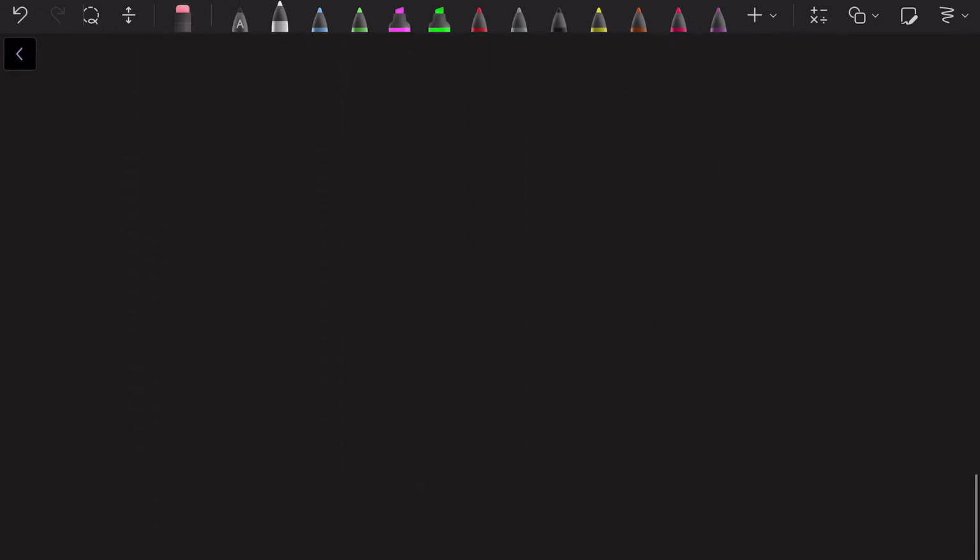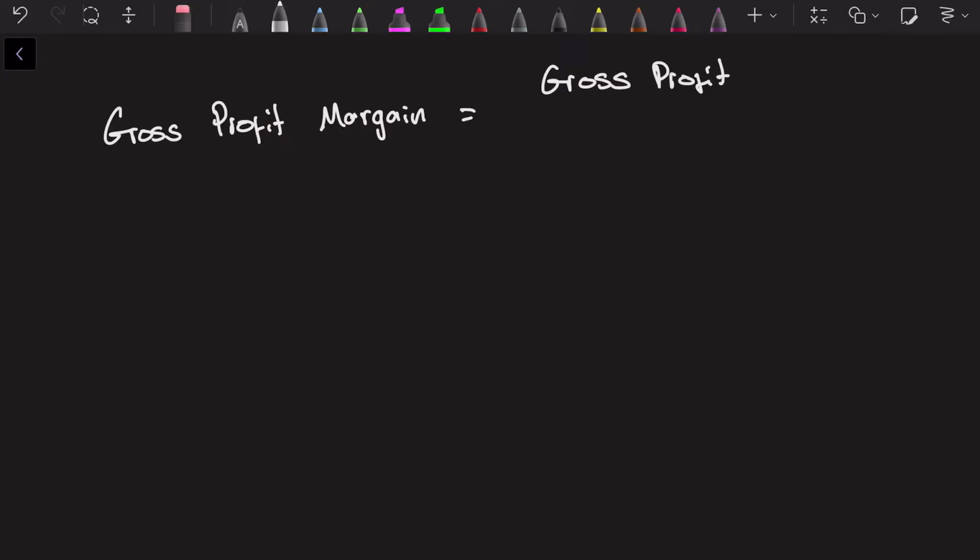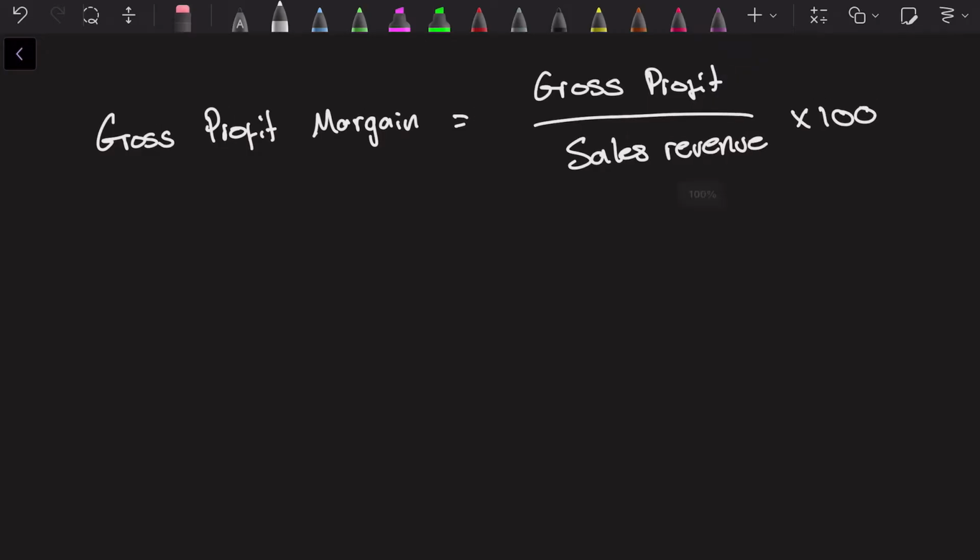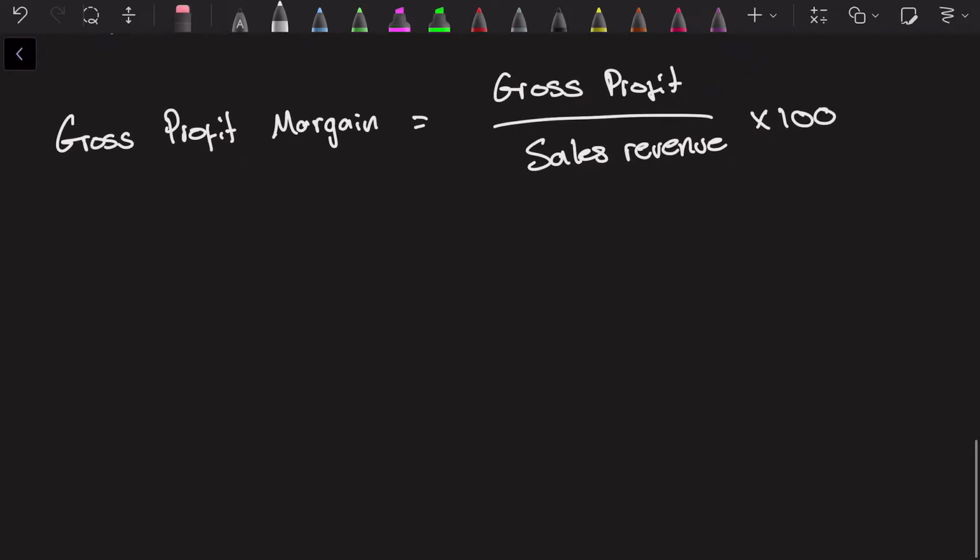Okay, the next ones are margins. So we have gross profit margin. Margin is equal to gross profit over the sales revenue. Now, if you recognize this formula, it's showing a percentage. So it's a percentage of the sales revenue that is gross profit.